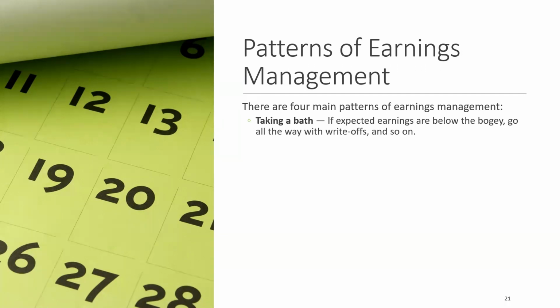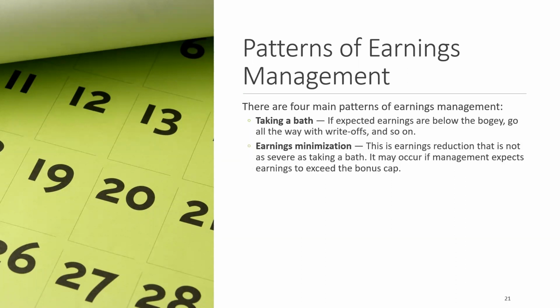One is taking a bath. It's a very extreme form of earnings minimization. So earnings minimization and taking a bath are similar, except that with taking a bath, you're talking about taking a huge write down so that you are reporting the lowest possible earnings number.